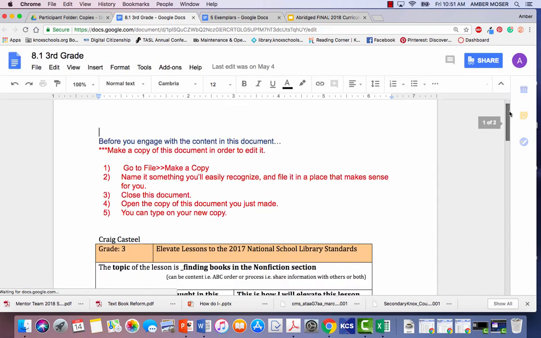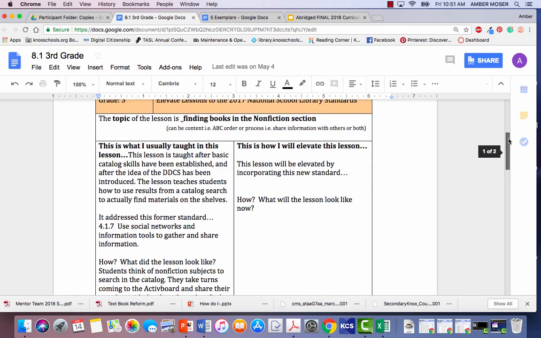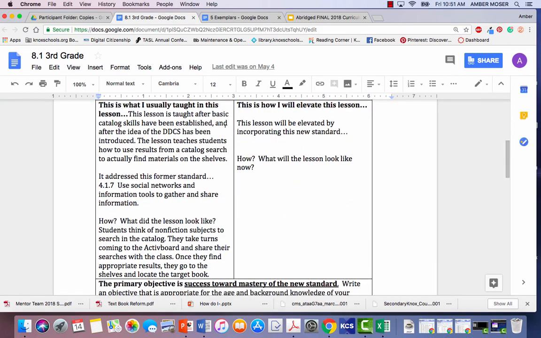What I'd like for you to do is read through what the lesson used to look like on the left, and then I want you to come up with some ideas for how you could elevate this same lesson and record your ideas here on the right. In order to do that, you're going to have to read closely over here to get the gist of the lesson.